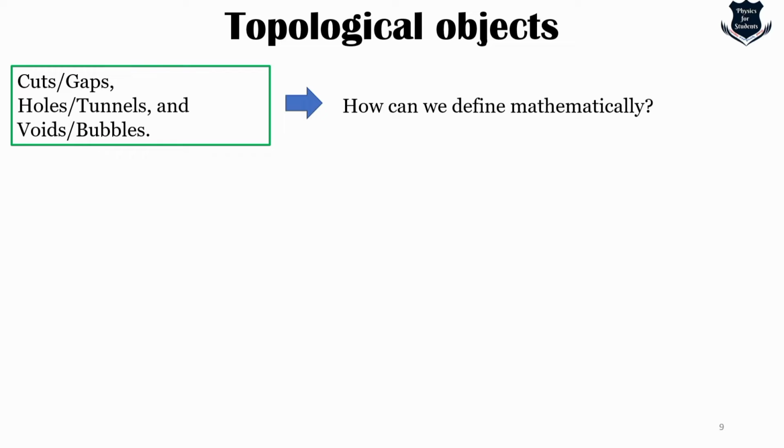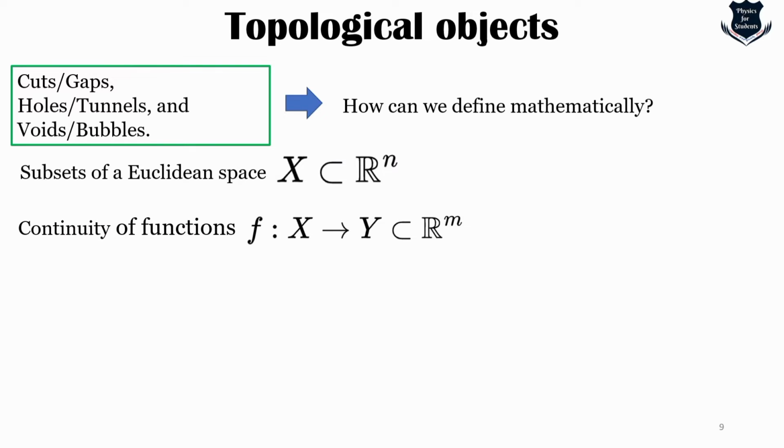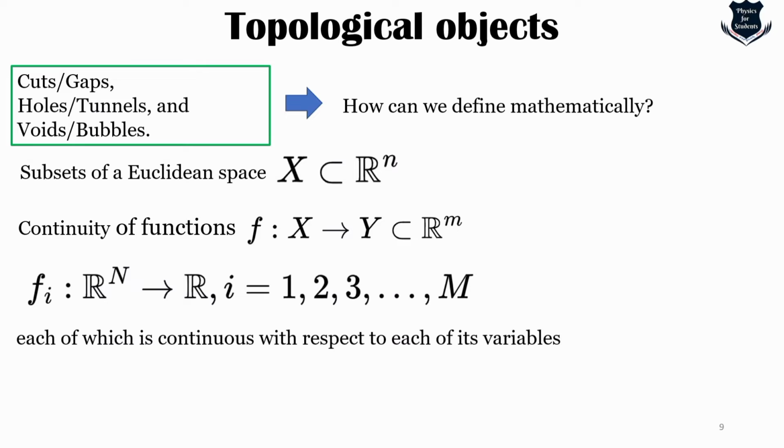In order to make this a study of generic topology, we take subsets of Euclidean space X, which is a subset of R^n, and we use continuity of a function, which simply looks like this: f: X → Y, where Y is a subset of R^m. And if we use calculus, we understand via the coordinates f_i, where i goes from 1, 2, 3 and so on.